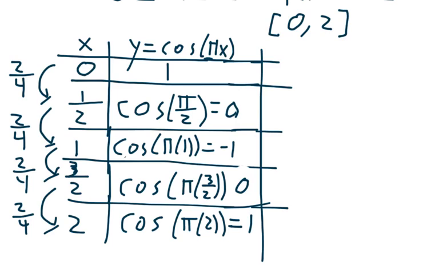So these are the x values. So let's actually graph it. So if you remember, we had 0, we had 1 over 2, we had 1, we had 3 over 2, and then we had 2. At 0 we got 1, at 1 over 2 we got 0, at 1 we got -1, at 3 over 2 we got 0, at 2 we got 1.